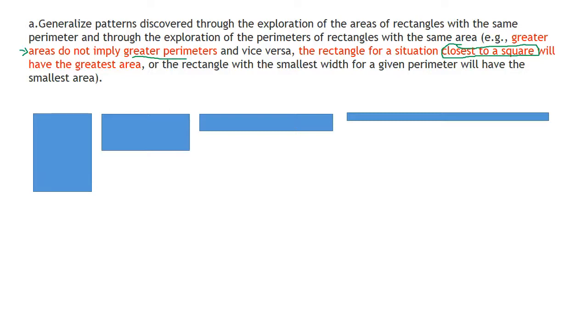So if this was our 1 by 24, and over here this one was, we'll say, 4 by 6. They're both going to have the same amount of area, but they have a different perimeter.